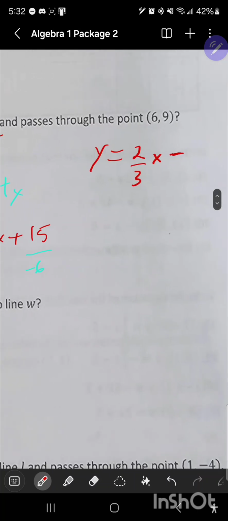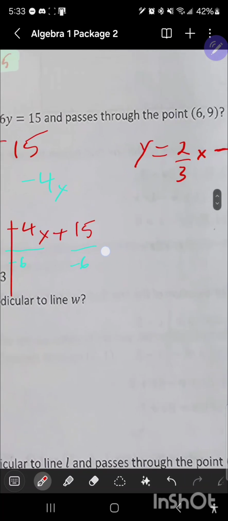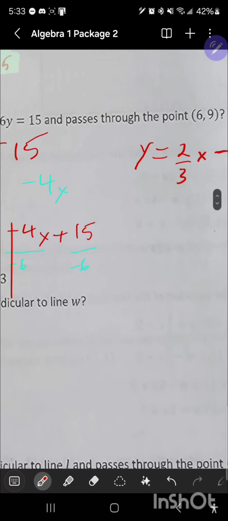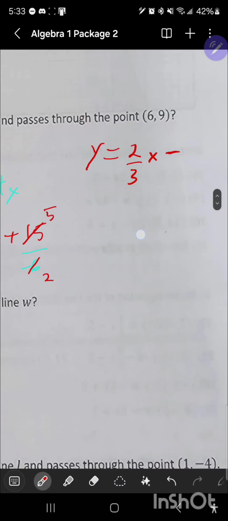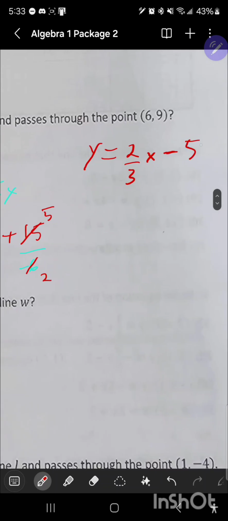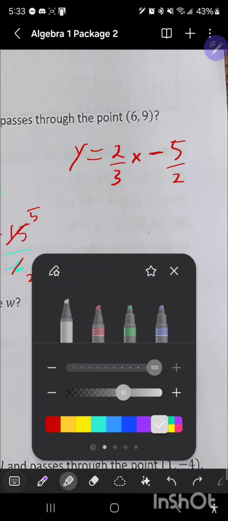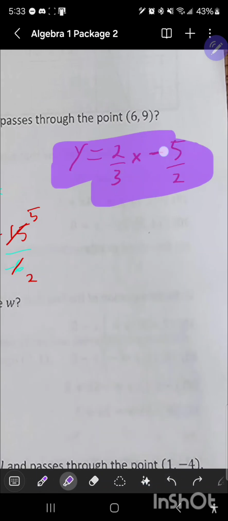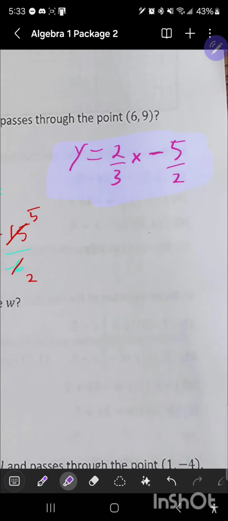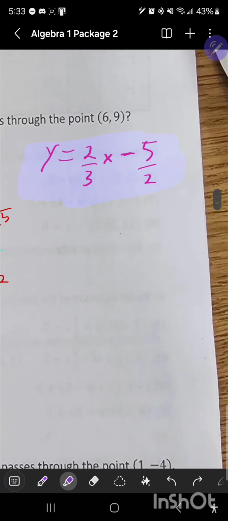We cannot divide this either, but we can simplify: 15 divided by 3 is 5, and 6 divided by 3 is 2. So we have negative 5 over 2. This is our answer. But what we care about is just the slope, so we didn't even have to go this far. But we did it, so it's okay.